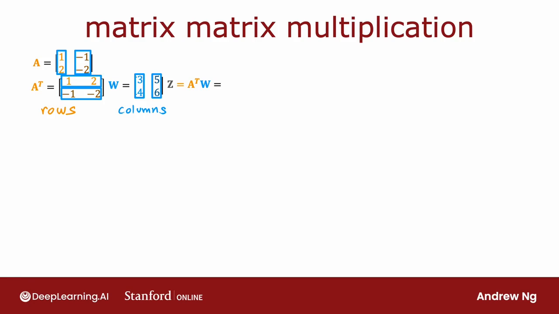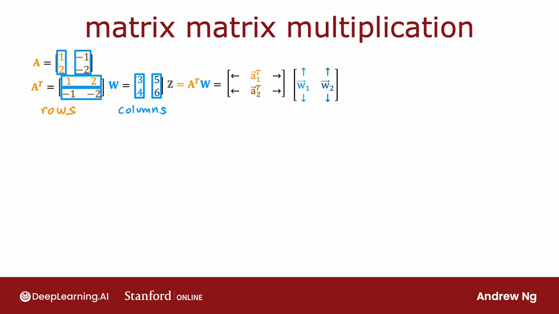In order to carry out this computation, let me call the columns of A, A1 and A2. That means that A1 transpose is the first row of A transpose, and A2 transpose is the second row of A transpose. And then same as before, let me call the columns of W, W1 and W2.